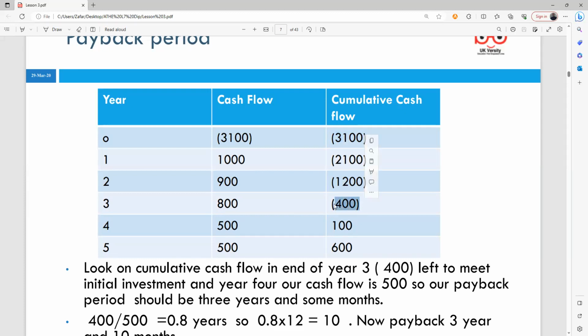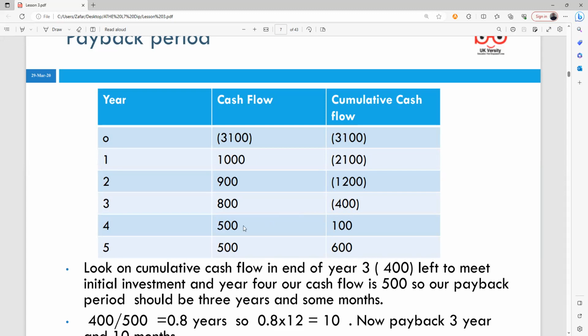Now 400 is left to recover, and next year, in the fourth year, you are getting 500. So that means you're getting 100 pounds more than you needed. So between year 3 and year 4, you turn from negative to positive.